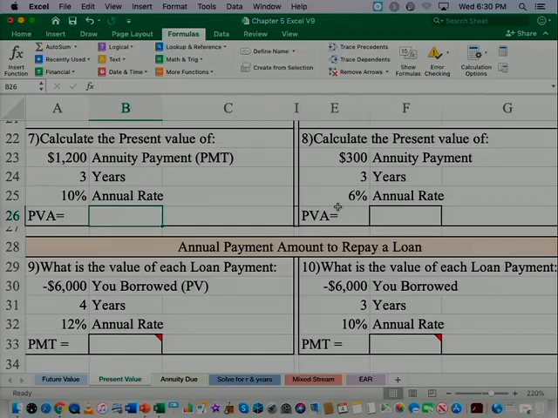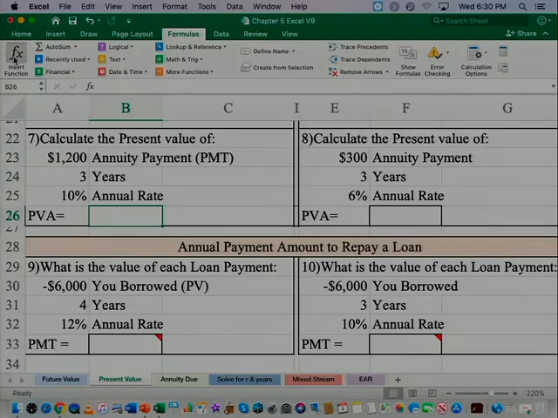Present value of annuity. So this is an annuity, so it's saying if I receive $1,200 a year for 3 years, at a 10% rate, what's the present value of that today? So just think, what is 1,200 times 3 years? 3,600. So whatever I calculate should be larger than 1,200, but smaller than 3,600, because I'm discounting these future cash flows.